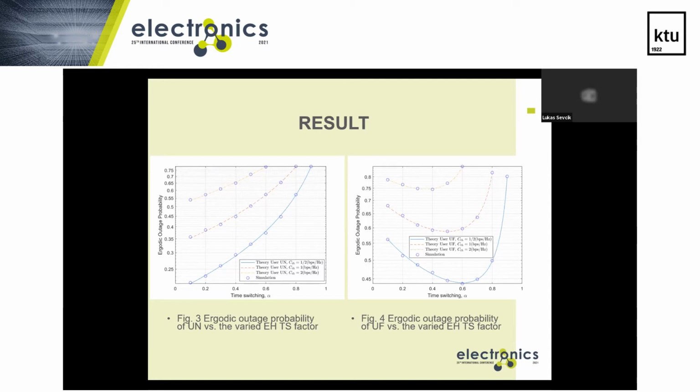Additionally, in figure 3 the ergodic outage probability level is the lowest at alpha 0.4, 0.5, and 0.6, and after that there is a really high peak at alpha 0.6, 0.8, and 0.9.